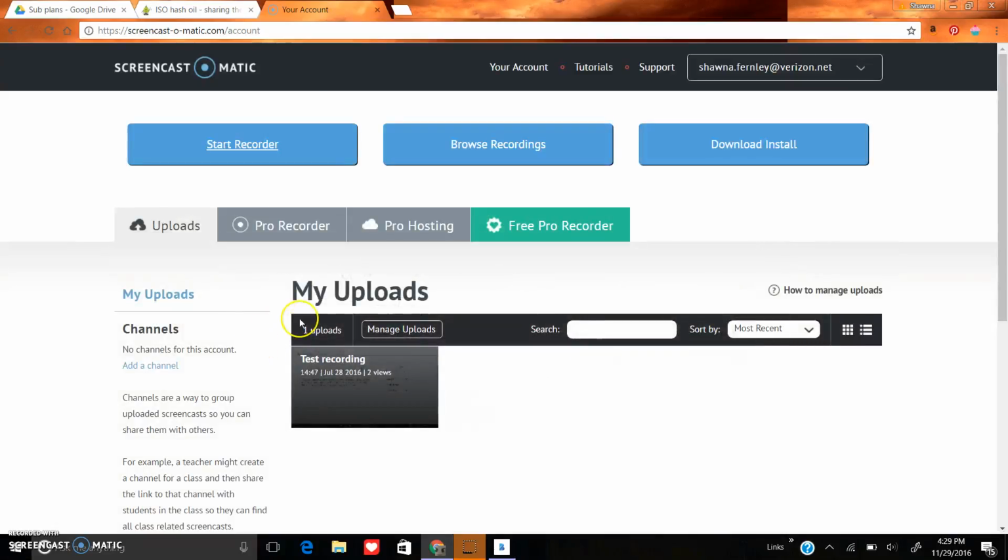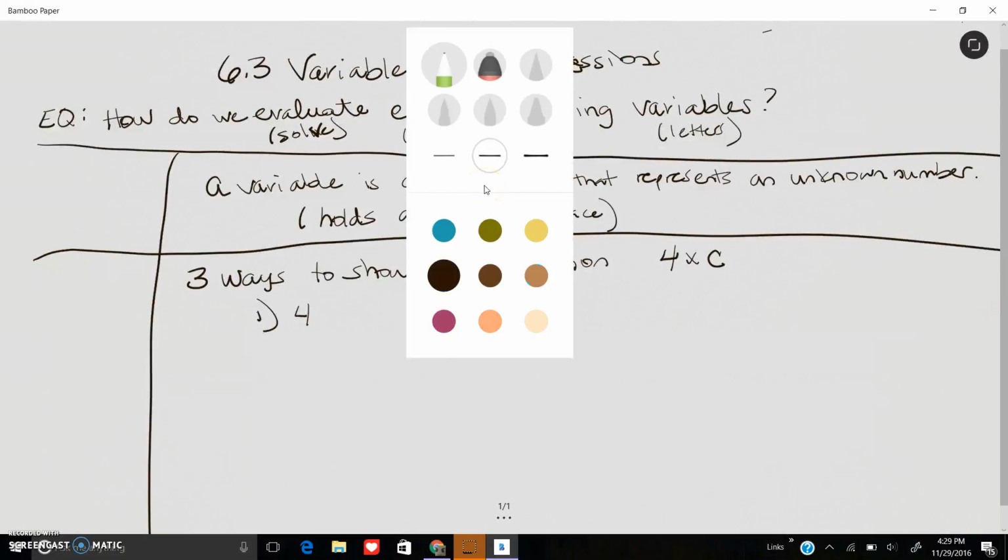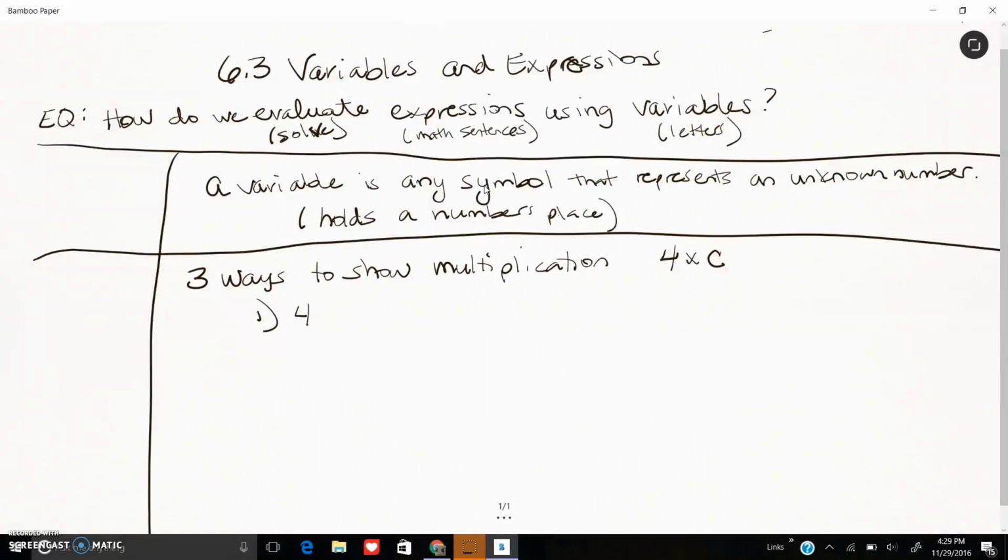If I wanted to show 4 times c, I would do 4c, right? If I have a letter and a number together, this is multiplication. So 4c means whatever the value of c is, I'm going to multiply it by 4.